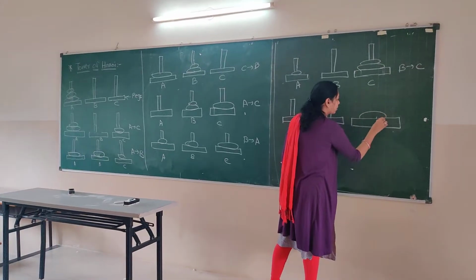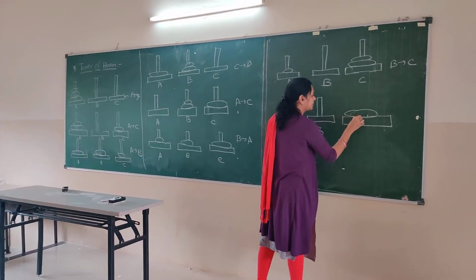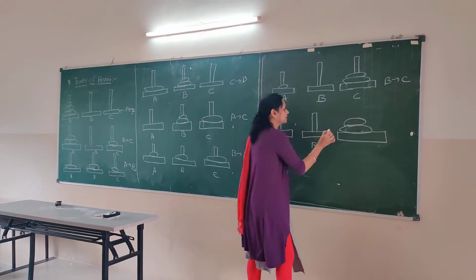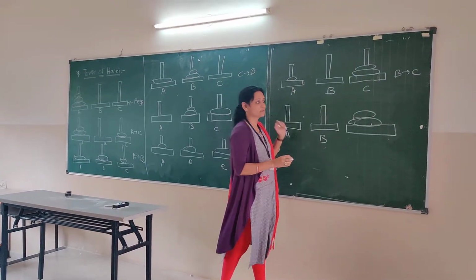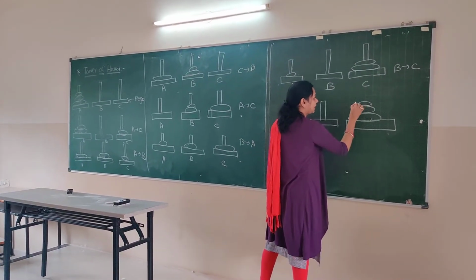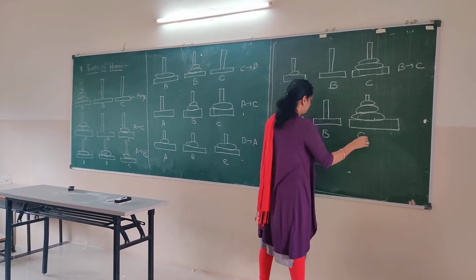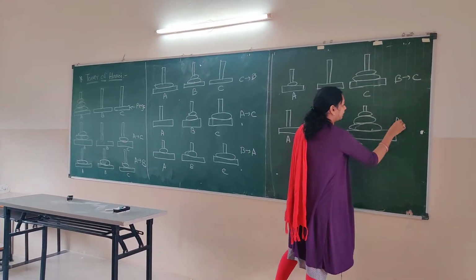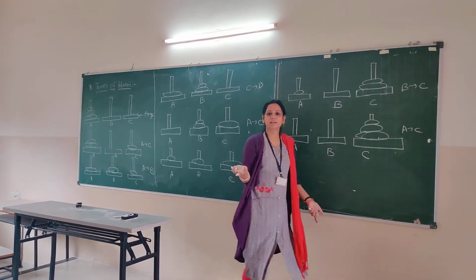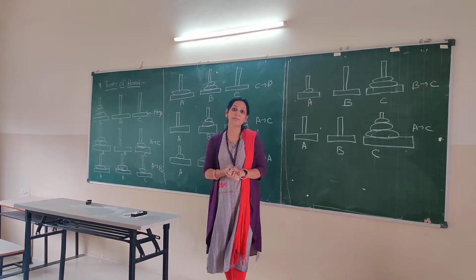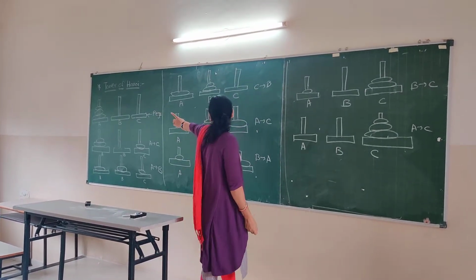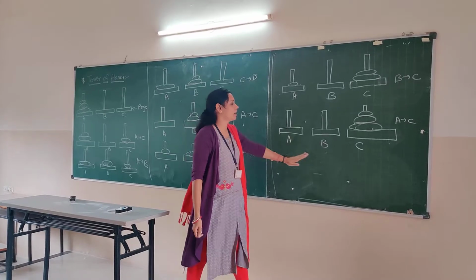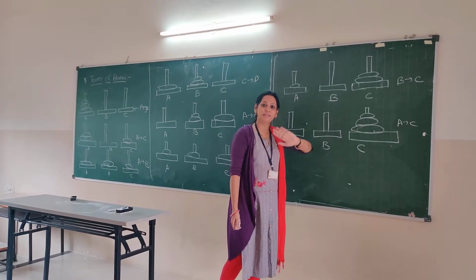For C we already have the larger disc, then the middle disc, and I am moving this smaller disc. So it is A to C, and see, our game is completed. Our problem is solved. All the discs from peg A I have shifted to peg C.